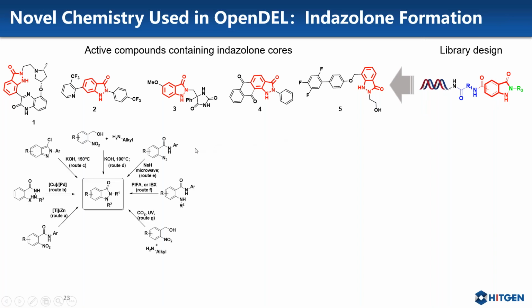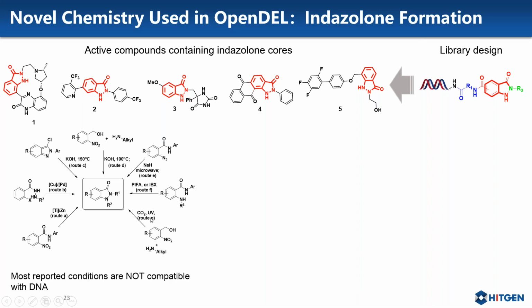Before that, different kinds of chemistry had been reported to construct these structures, including metal-catalyzed reactions and high-temperature reactions. But unfortunately, very few conditions are compatible with DNA.